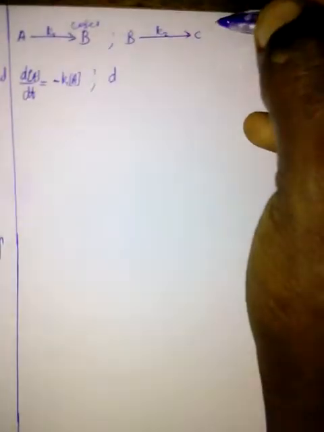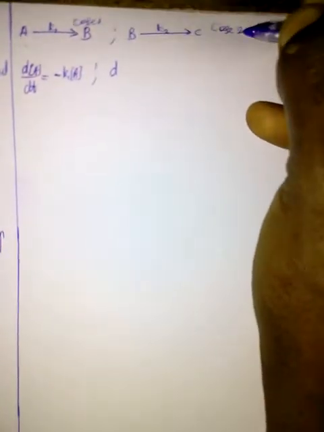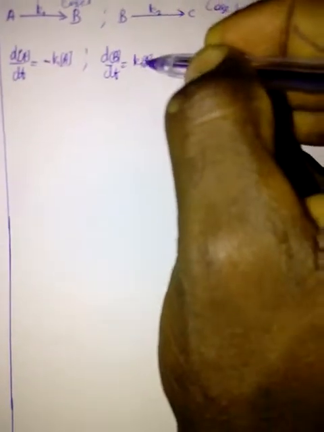This is the reactant. And for B, this is case 1, and this is case 2. For case 1, d[B]/dt, in terms of product, equals K1[A]. Remember, the only difference is that this one has a negative sign. The negative sign can be here or here, but not both sides.